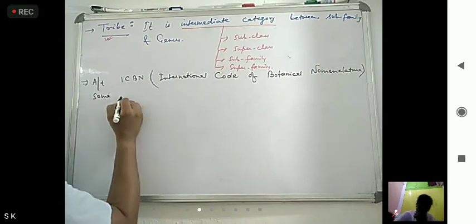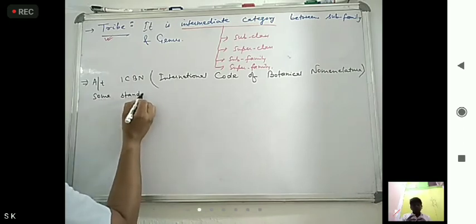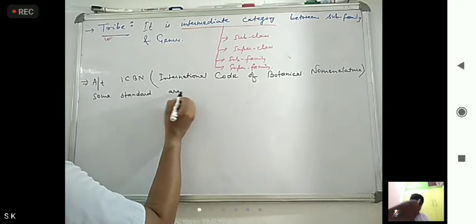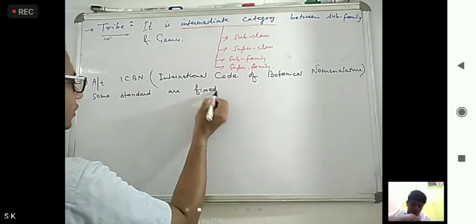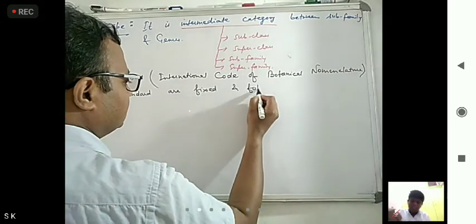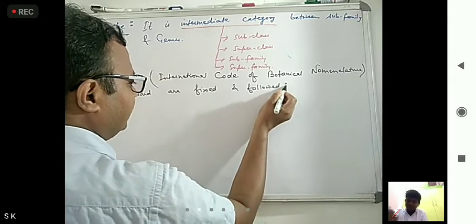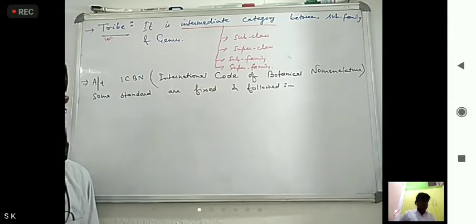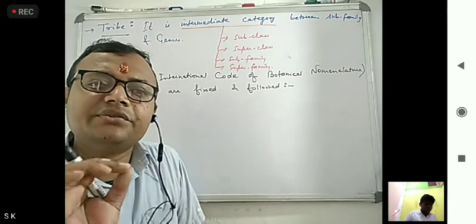Some standards are fixed and followed. What are those that we have to see? First, every division.